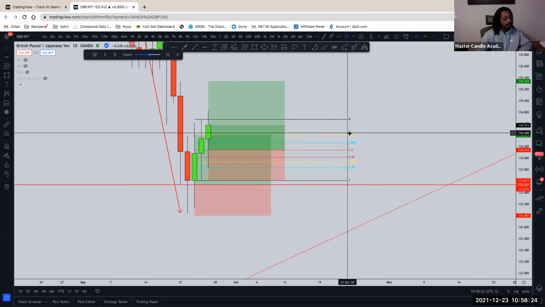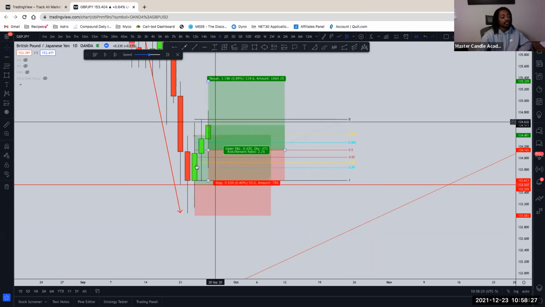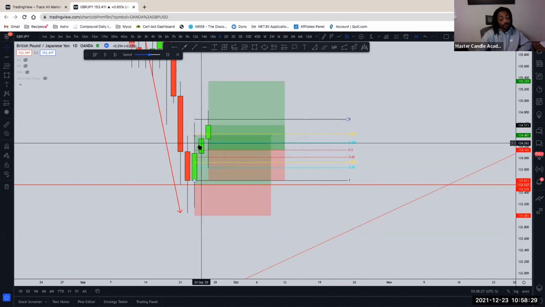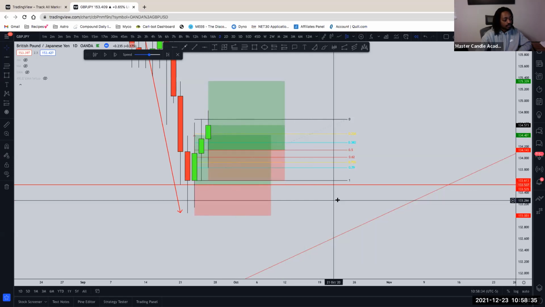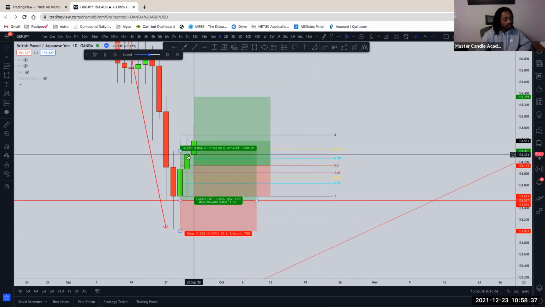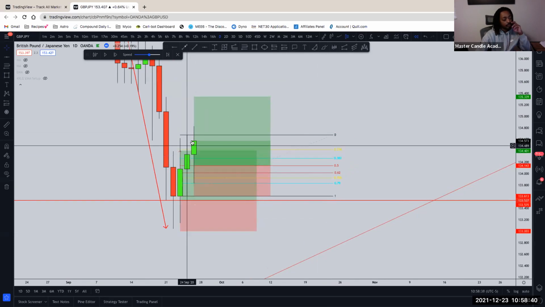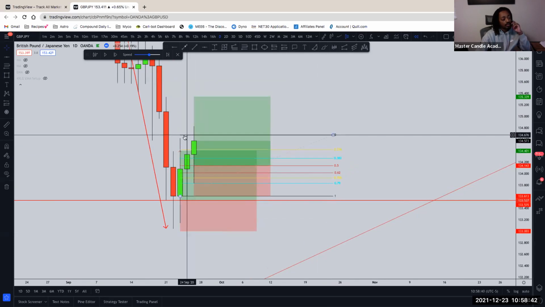All right. Price action creates patterns. Patterns create price action. This candle broke above this previous level, but failed to break the wick high.